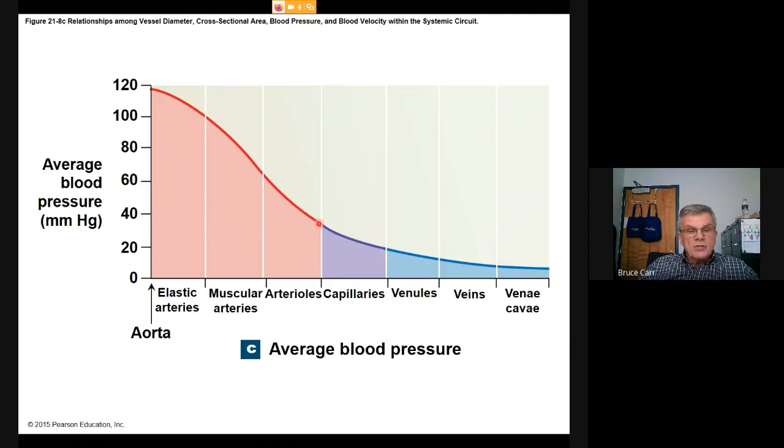We enter the capillaries at a lower level, around 40 to 38 millimeters, and it decreases steadily as it flows across the capillaries. The friction of the veins, going venules, veins, and vena cava, leaves it at the lowest pressure, right here where it's re-entering the heart. And as we saw with the previous heart diagrams, that's a low pressure, 10 millimeters, as a reasonable average for that returning blood.